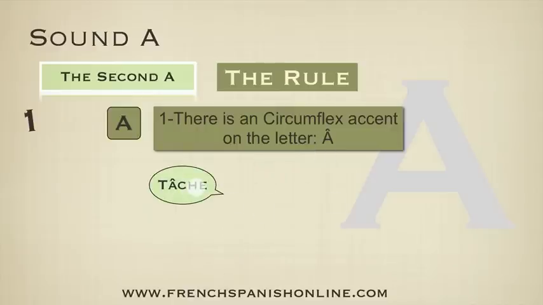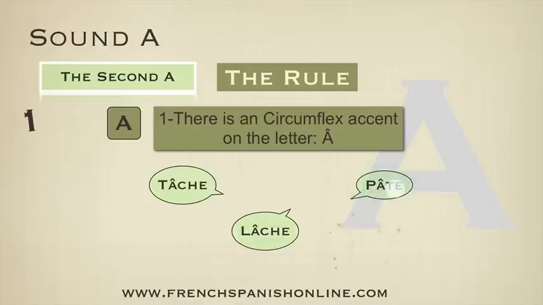Tâche for task, lâche for coward, pat, you know now, and râteau, for example, to say a rake in your garden. Tâche, lâche, râteau, pat, the same letter A. Okay? Written this way in phonetic.